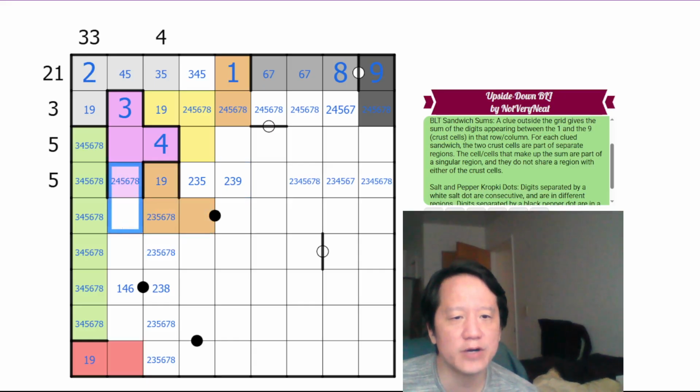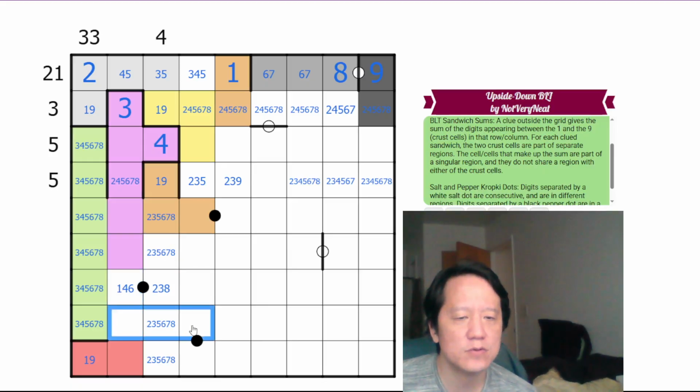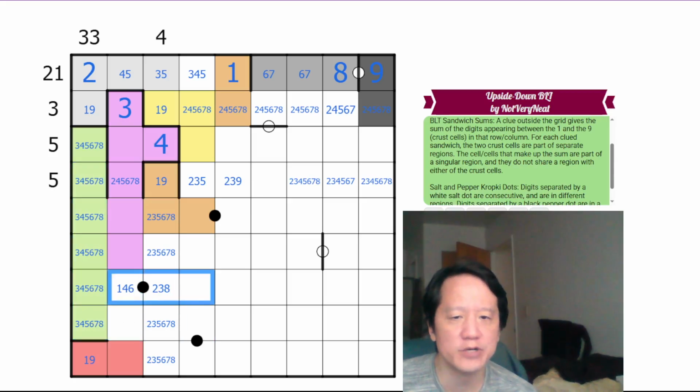Pink has to continue out here. That means green is one of these two. So green cannot go 1, 2, 3 here, because then this has to be part of that region, and that would be too many cells. So green has to go out this way.